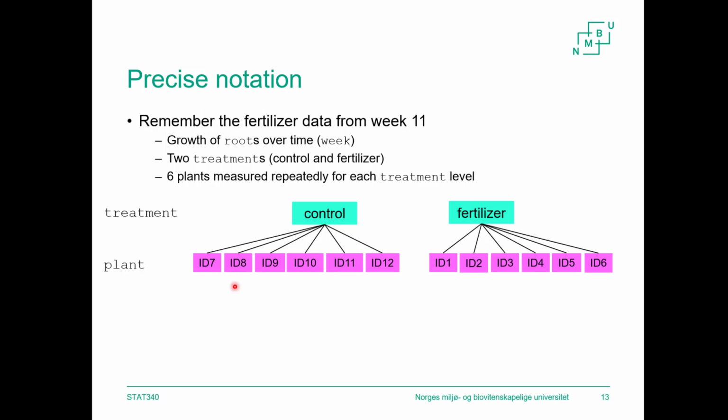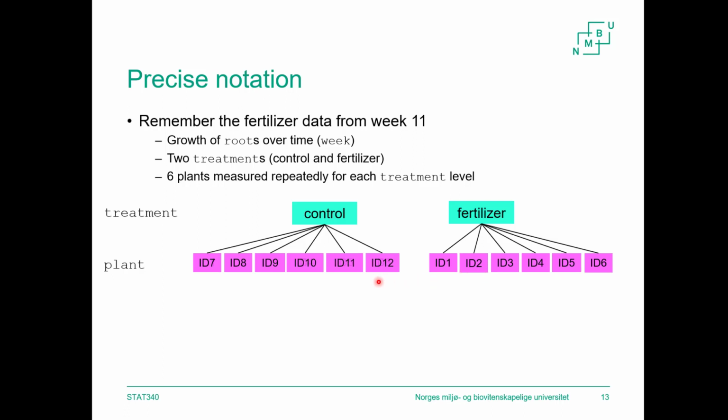Right? So in that data set, the plants had these labels here. ID 1, 2, 3, 4, 5, 6 over here, and then 7, 8, 9, 10, 11, 12 over here. And that was a good labeling, you could say, because that so clearly demonstrates for us that we now have 12 plants. The factor plant has 12 levels, right?